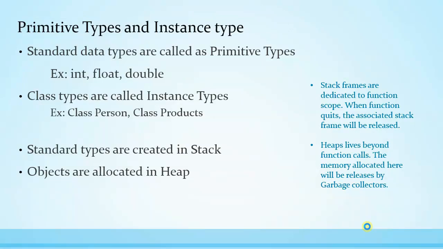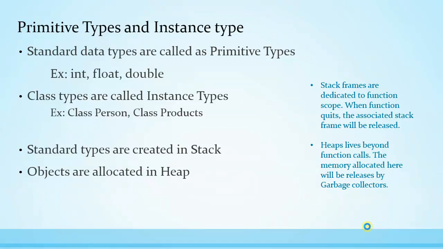So we are talking about two memory segments: one is the stack and another one is the heap. Now we know that standard data types get created in the stack, and object types or instance types get created in the heap.